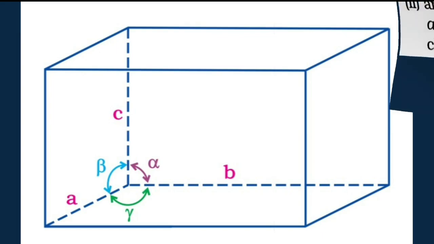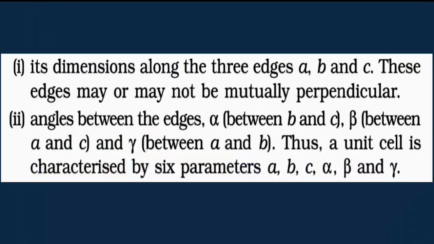Now the next point is the angles between the edges: alpha between B and C, beta between A and C, and gamma between A and B. They are the angles. Thus a unit cell is characterized by 6 parameters: A, B and C, alpha, beta and gamma.